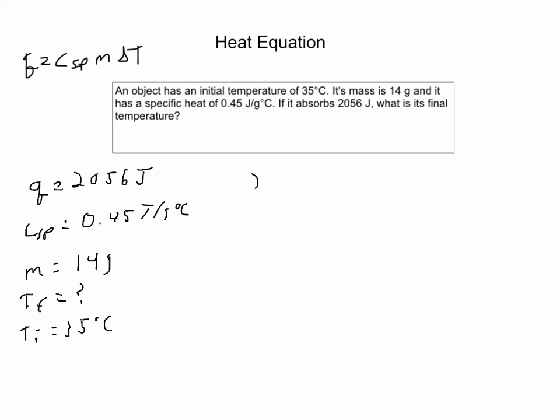We set this up. So what I have to be careful with is I need to show T final minus T initial, and I need to make sure the 35 goes in the initial spot because that's the starting temperature.